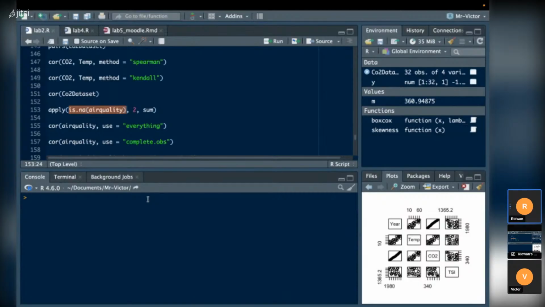What's the 2 for? You say apply and what? lapply. I explained all of this in the last class. What's the 2 for in apply?